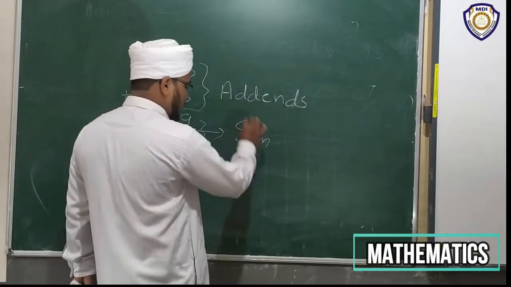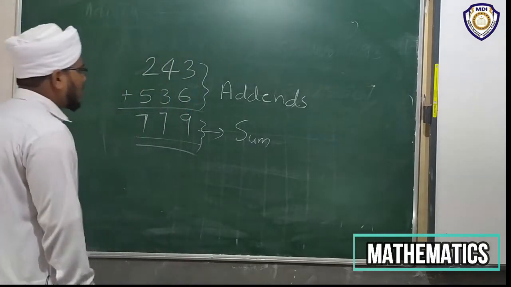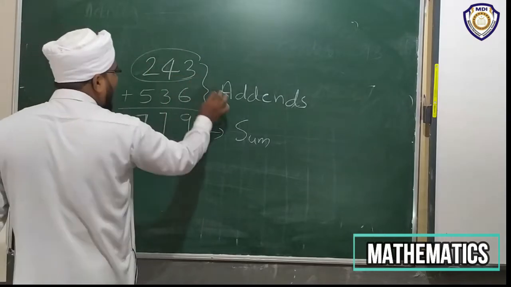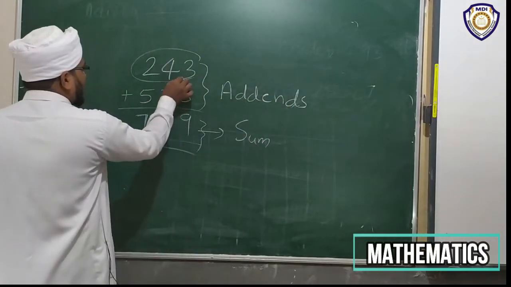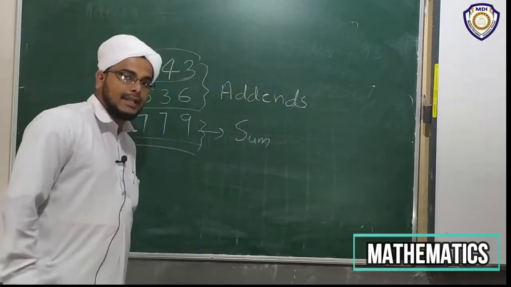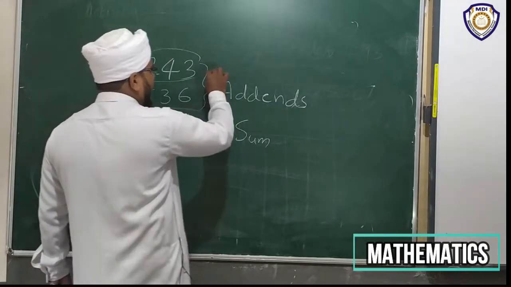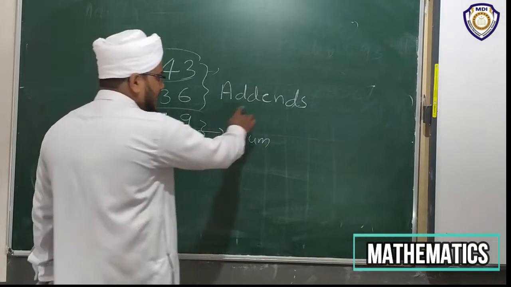These two names are very important. So, if you are asked, what is the name of this? Addend. Then for both, we use the plural, addends. This is addend, this is addend, then two addends.